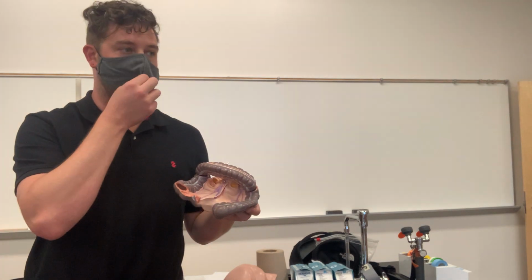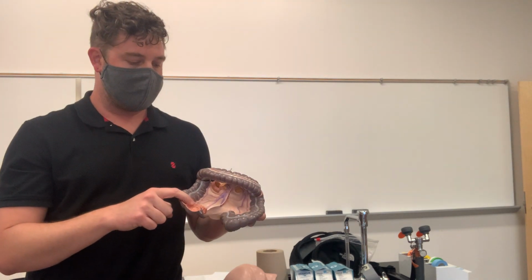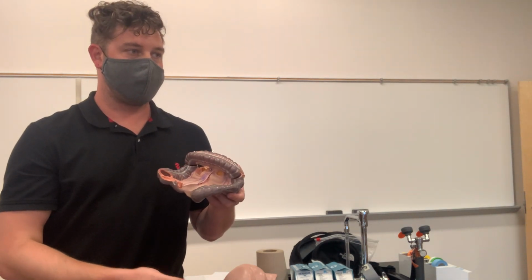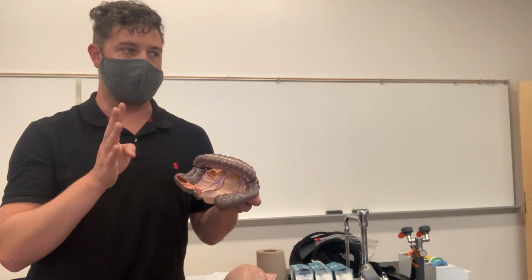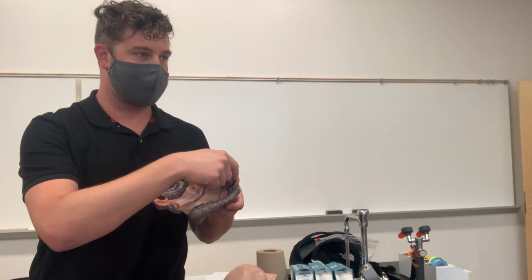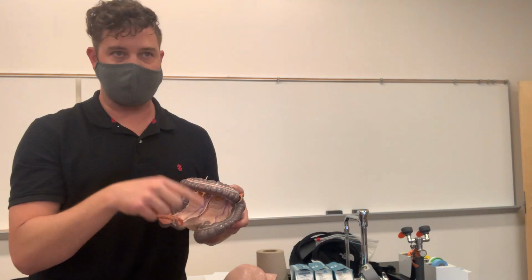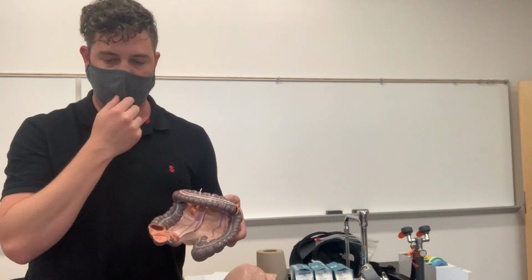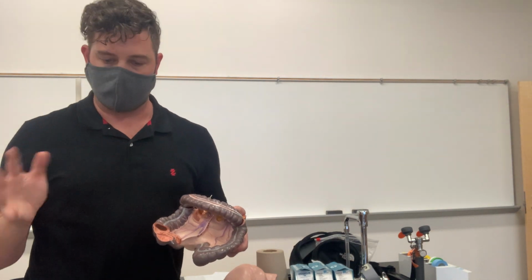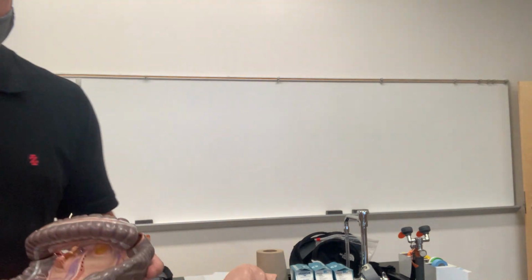So your large intestine goes from your cecum all the way to your anus, whereas your colon is only four things: the ascending, transverse, descending, and sigmoid. So that's just a clarification point. When you talk about the large intestine versus colon, they are different things technically.